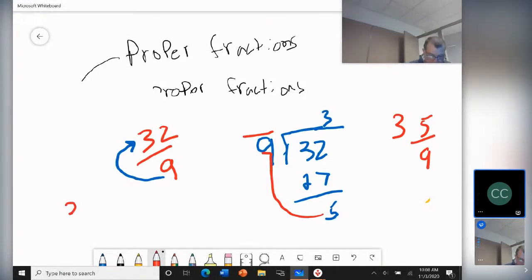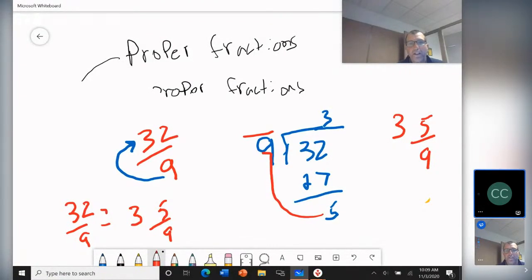So in this case, 32 over 9 is equal to 3 and 5/9. Those are both exactly the same, but a lot of times on a test, it's going to ask you to put it into a proper fraction.